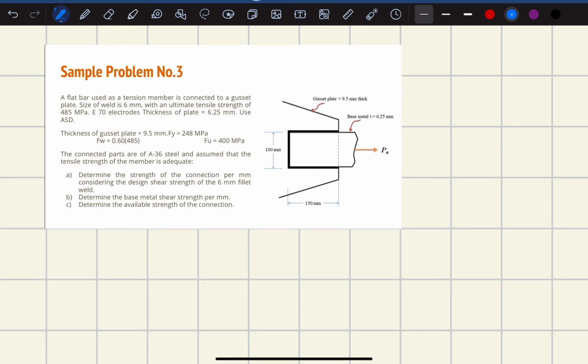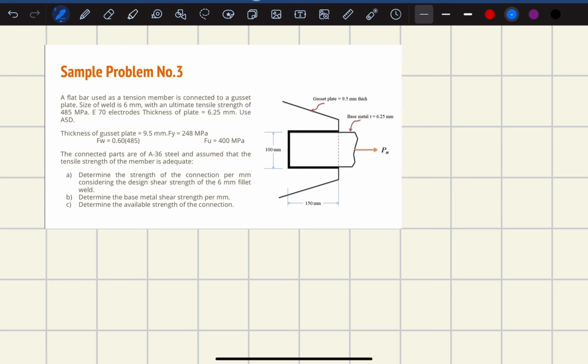So the given thickness of gasket plate is 9.5 mm. Fy is 248 MPa. Fw is equal to 0.60 times 485. Fu is equal to 400 MPa. The connected parts are of A36 steel and assume that the tensile strength of the member is adequate.